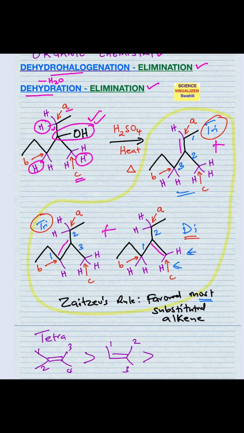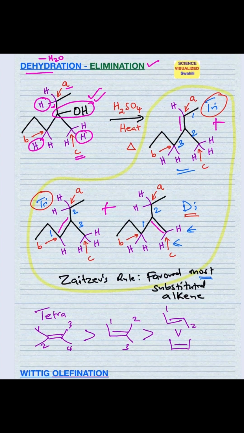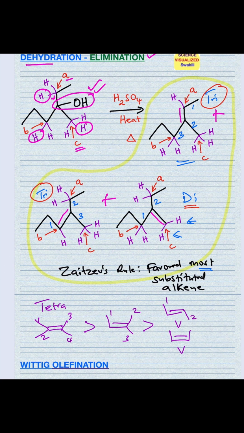Now the most stable di-substituted is the trans alkene, where you have the 1 and 2 groups opposite each other, which is more stable than the cis alkene. And that's more stable than the alkene where you have both groups, 1 and 2, on the same carbon. And then of course, this di-substituted alkene is more stable than monosubstituted alkene, which is more stable than just an alkene with no alkyl groups.